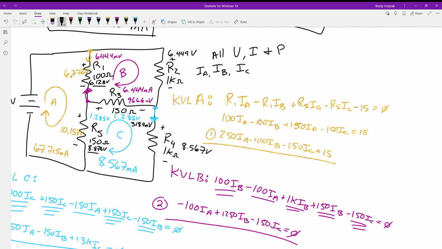Yep. So if we did one other Kirchhoff loop to check, we're going to have 15 volts total. We have the 6.128, the 0.318, and the 8.567. We end up with 15.0 volts.